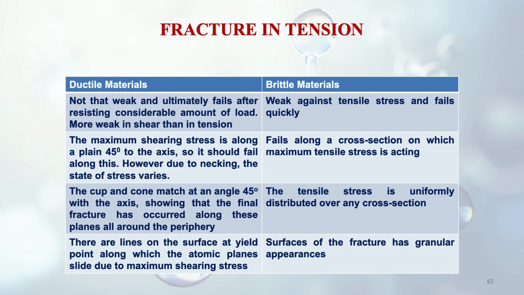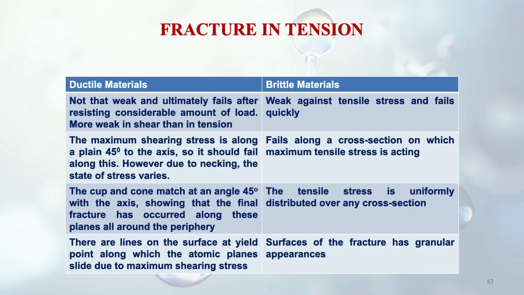So now we discuss fracture in tension. There's a difference between ductile materials and brittle materials when fracture is happening. In case of ductile materials, they are not too weak, and ultimately they fail after resisting a considerable amount of load. They are weaker in shear than in tension.